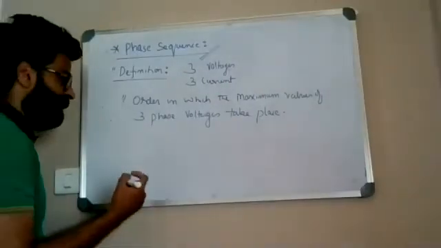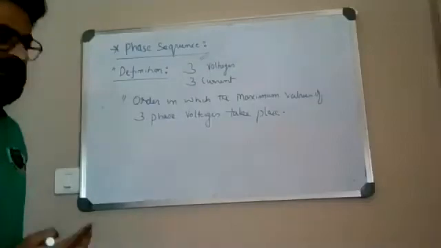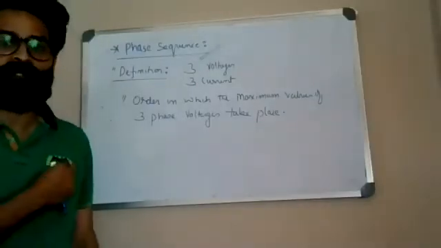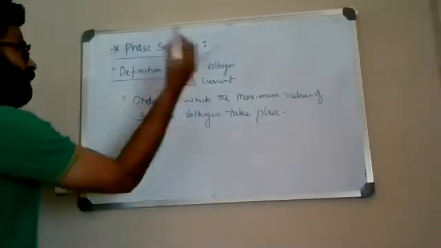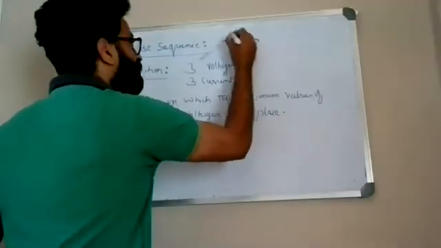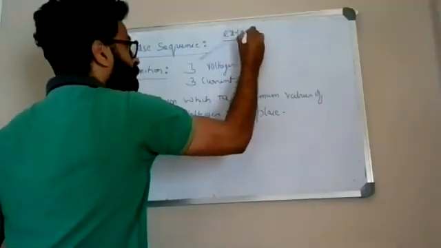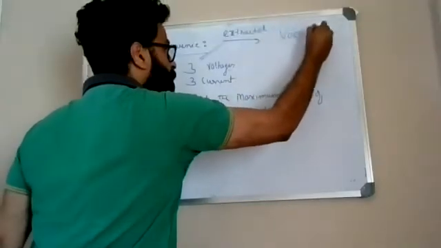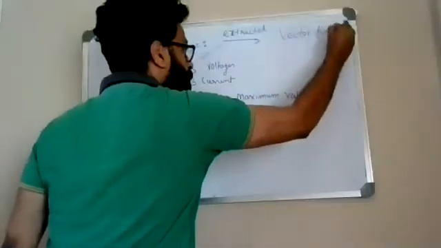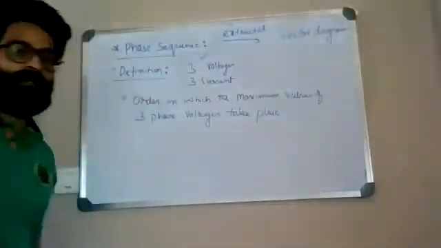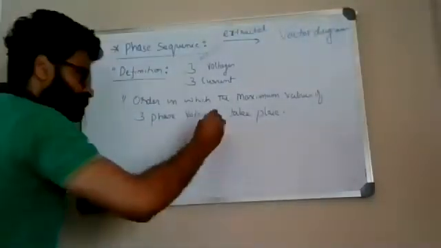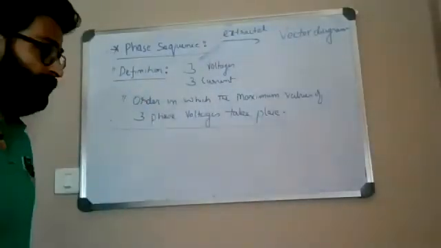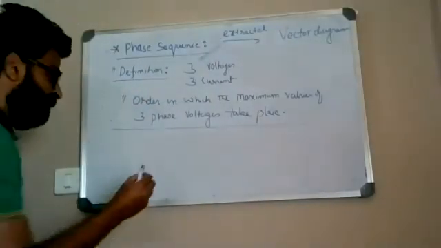Okay. For example, other day we spoke about the vector diagram, right? So phase sequence is extracted from vector diagram. All right. So let me draw a vector diagram which we had discussed the other day. Okay.